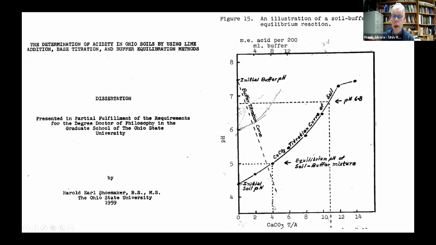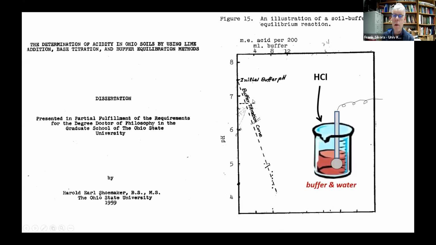I'm going to talk about some of these lines later, but what I want to focus on now is just this line right here, which represents the titration of just the buffer. No soil, just the buffer and water in a beaker, and you add acid to it. You're going to start off at some initial pH of the buffer, and with increased amount of acid, the pH would decrease. So you're looking at the titration curve of just the buffer.